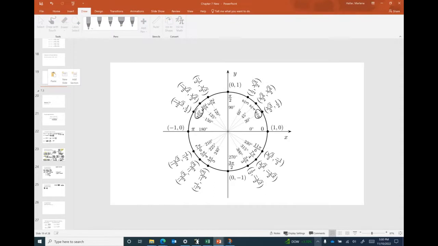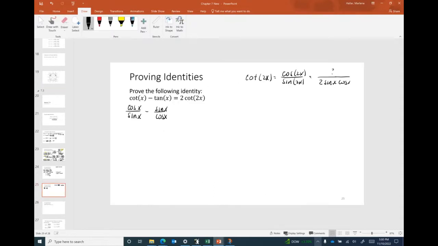What we've done is use the cotangent identity, cotangent equals cosine over sine, and the tangent identity, tangent equals sine over cosine.